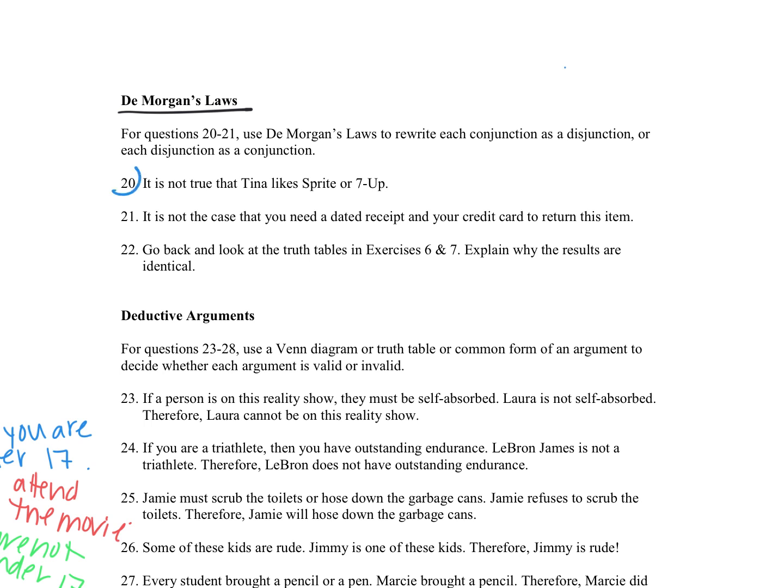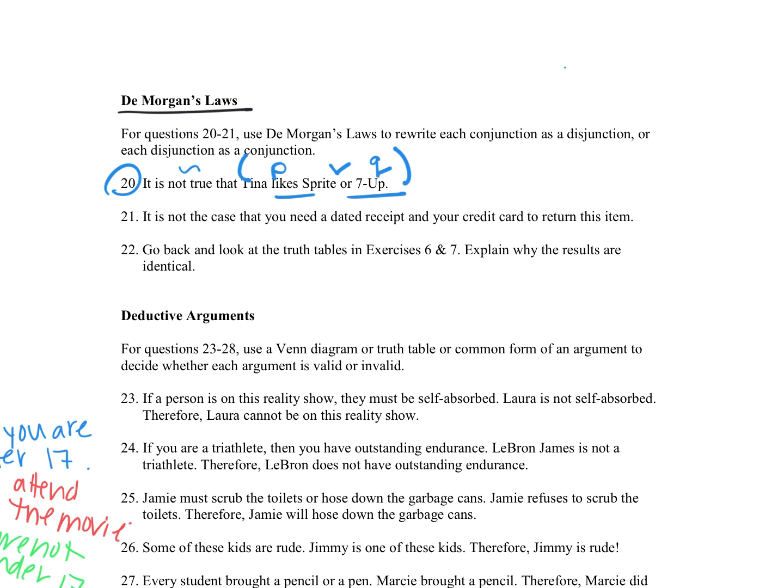So if you look at number 20, it says, it is not true, which is a negation, that Tina likes Sprite or 7-Up. So we see that we have two statements there, liking the Sprite and liking the 7-Up. So we're going to call P being that Tina likes Sprite, and Q being that she likes 7-Up. And because it's a not the case of, it would be equal to that.